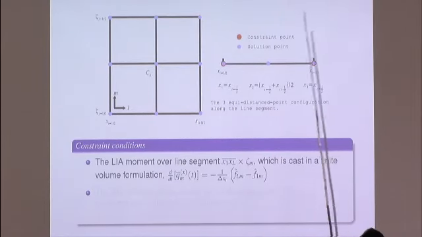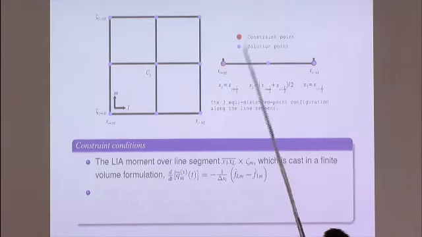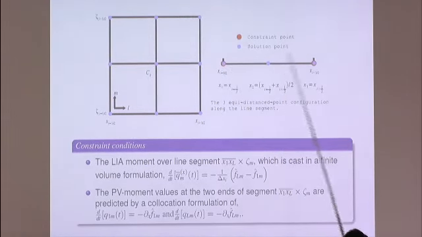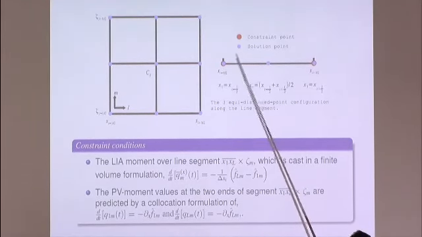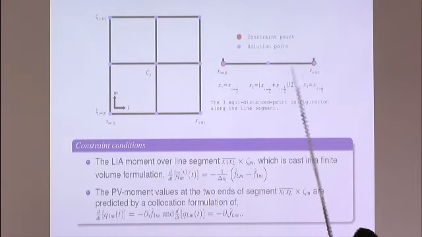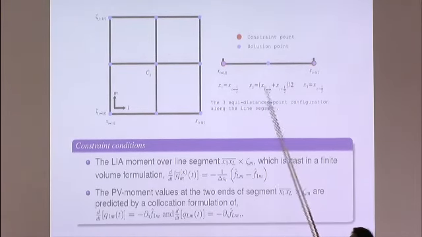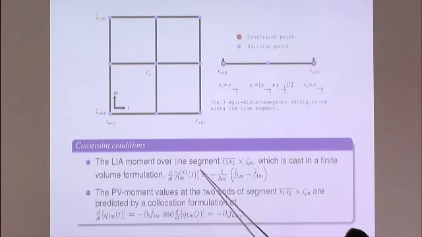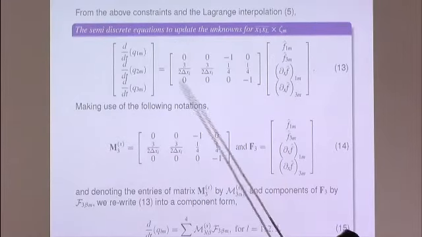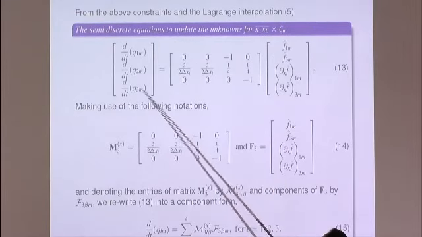At the same time, we use another two constraint conditions on the boundary. From that, you can get the evolution equations. Because we have 3 points, we have 3 equations. We solve this linear system and can get the evolution equations for our DOFs like this.